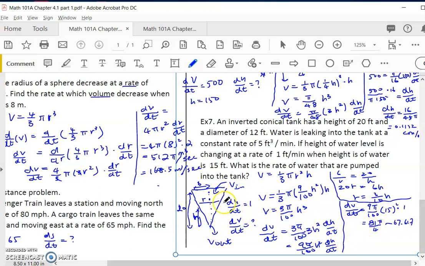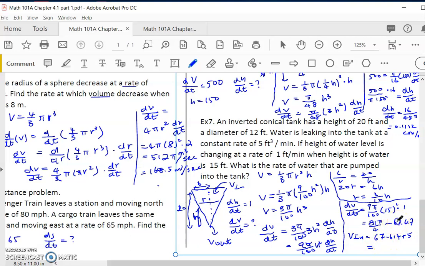But now, because you have something that's leaking out, V in would equal what compensates for what has leaked out. You have to add the 5 feet per minute that is leaking out. So it would be 63 plus 5, 68.